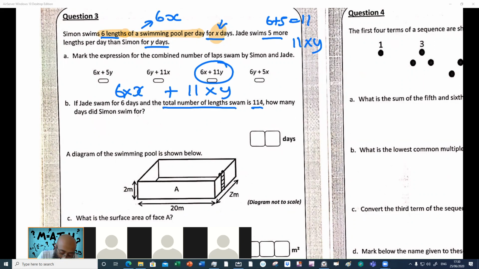So we have 6x add 11y. Okay, so 11y is going to be 11 times by how many days? 6 days. So where we see the y, we put a 6 in there, and then that will give us a total of 114. So not only did we make the formula, we're now using the formula to work out this thing here.